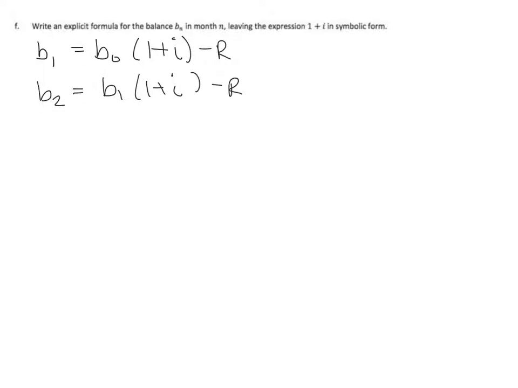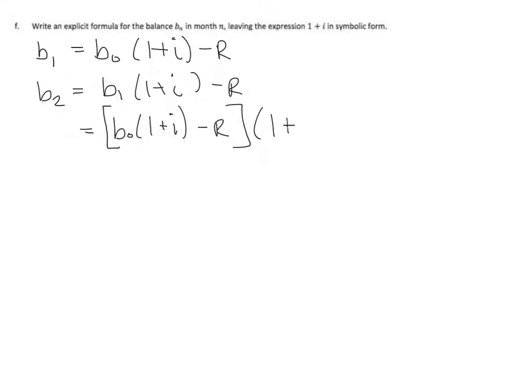I find that I have the easiest time doing the explicit formula if I start sort of seeing my pattern. So let's just look at the pattern. This is what we've been doing, right? And if I did b sub 2, I would have b sub 1 times (1 plus i) minus r. But really, b sub 1 is b sub 0 times (1 plus i) minus r.